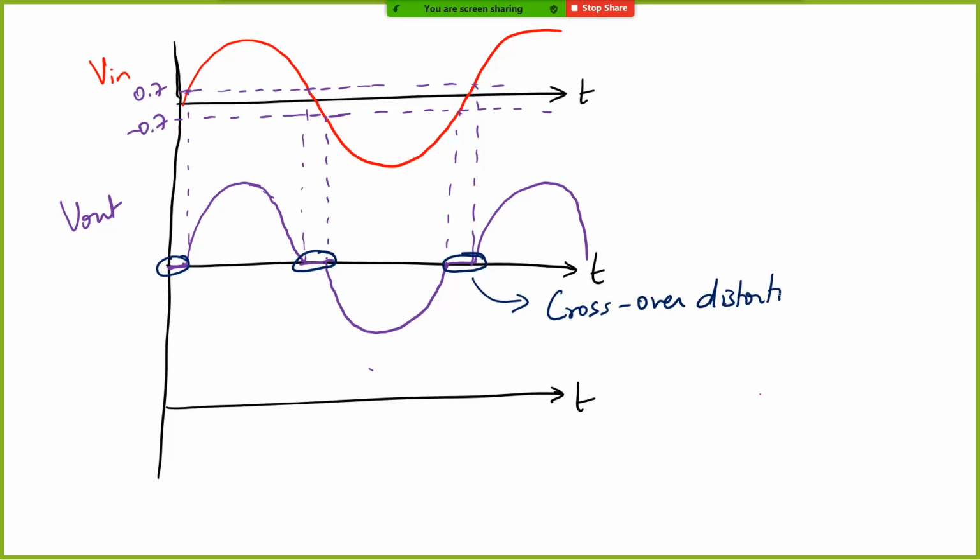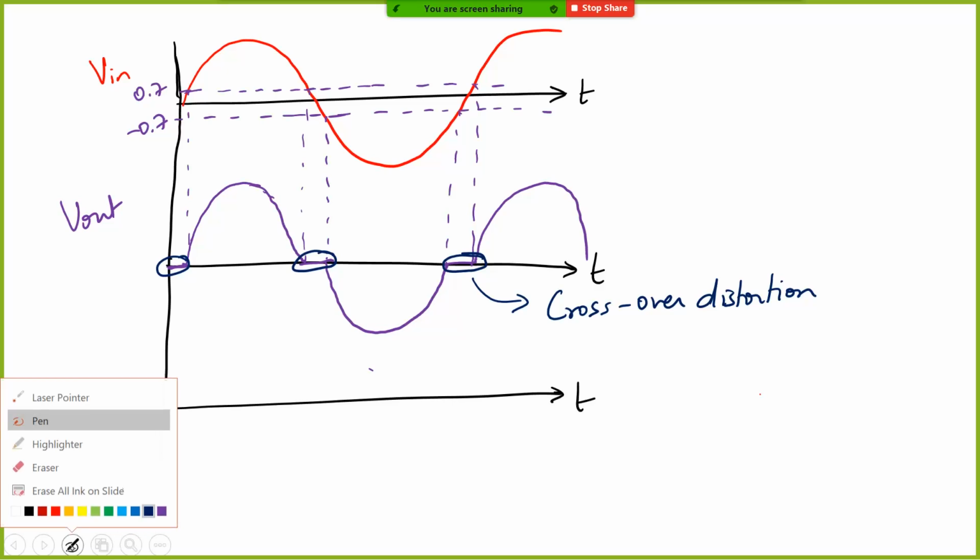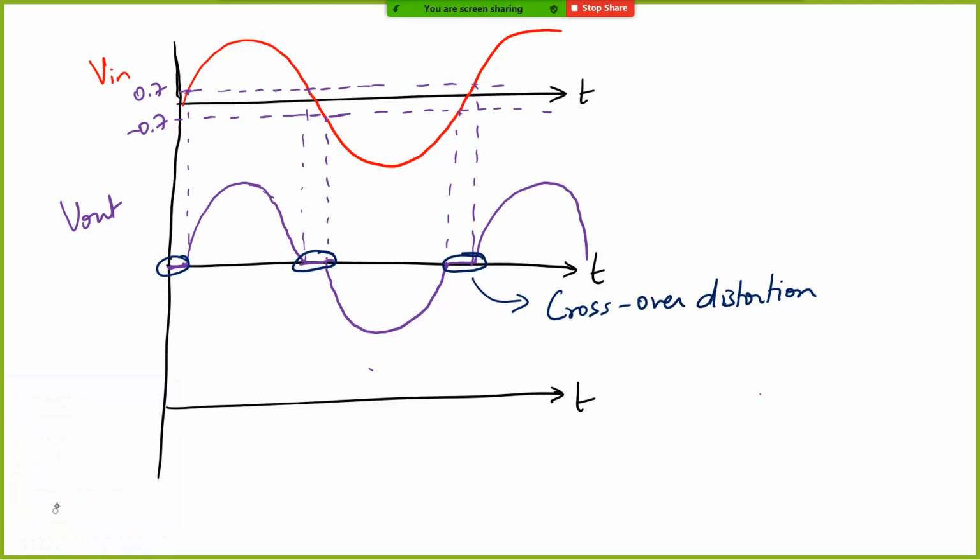There's this term called crossover distortion, and in class B amplifiers, crossover distortion is a problem. In the same way, if you want to look at the current that is flowing, the IL will also basically follow the same thing.